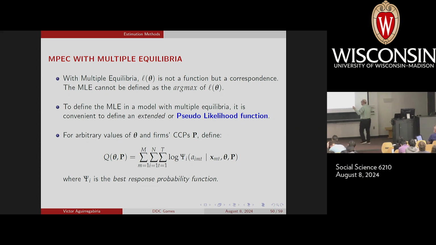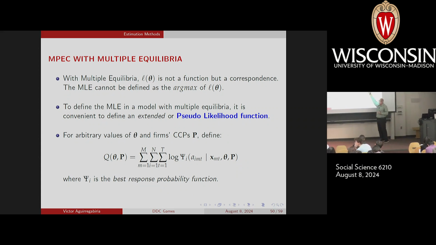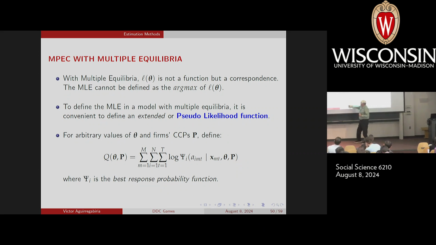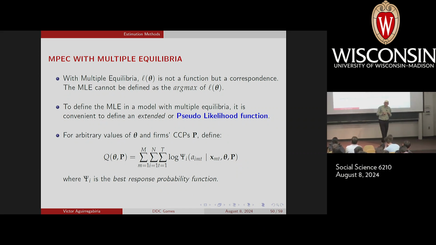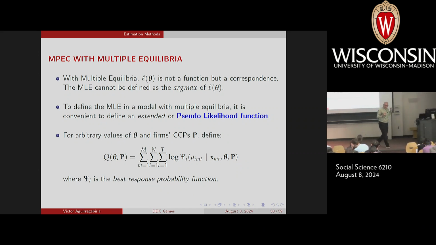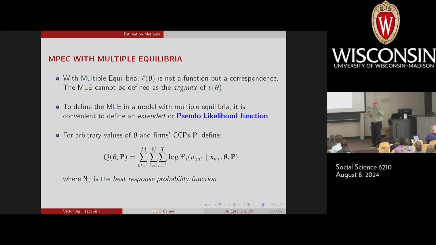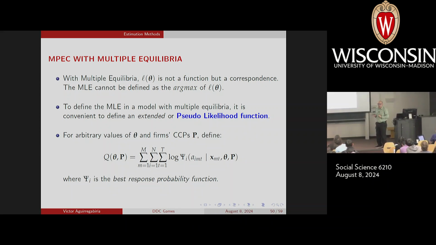Then instead of using equilibrium probabilities, what we could consider here is a likelihood function where we think that we are trying to estimate the structural parameters and also beliefs about the behavior of the competitors. Given a player's belief about the choice probabilities of my competitor, I have a best response function.